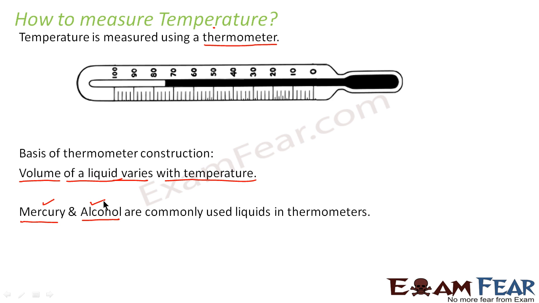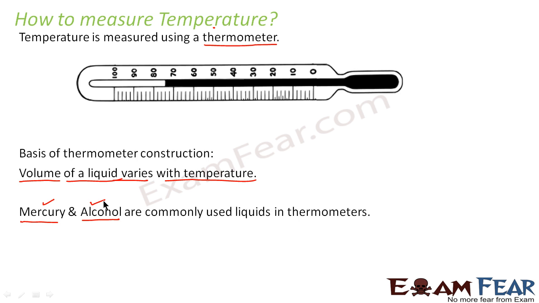As a result, the mercury can move to and fro without sticking to the walls. Right? So, for all such reasons, mercury has been found to be the most suitable liquid for thermometers. However, alcohol is also used in certain thermometers. But normally in the thermometers which we use in our home, we find mercury used as the liquid.